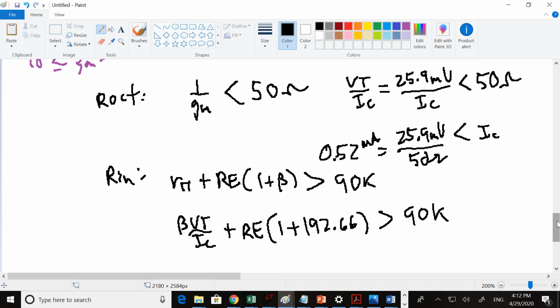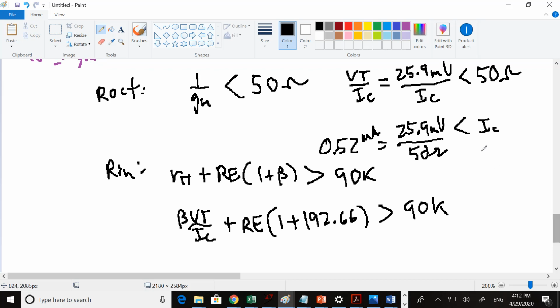So if you work this, yeah, so now we've got two equations. We've got one equation for IC. IC has to be greater than 0.52 milliamps. And then if you plug all these numbers in, beta from the model file is 192.66. And then VT, again, 25 or 26 millivolts.